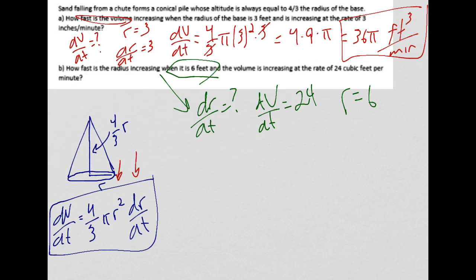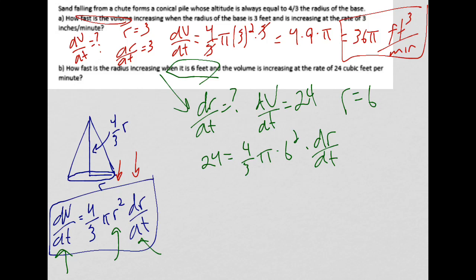So I'm going to plug in 6 here and 24 here and solve for this. So I get 24 equals 4/3 pi times 6 squared times dr/dt.